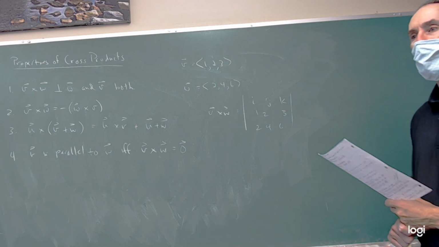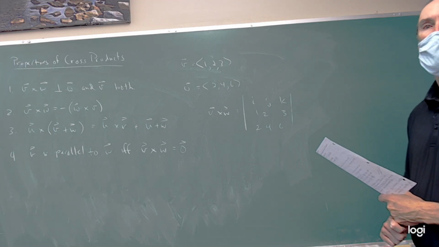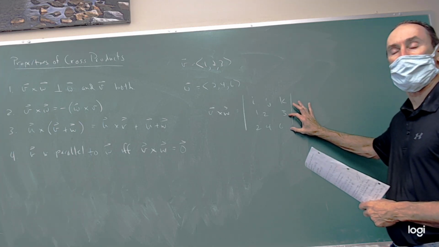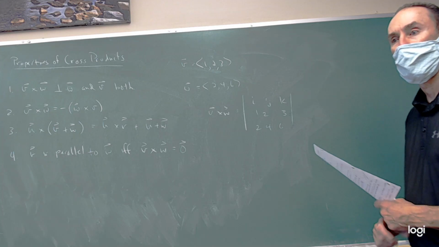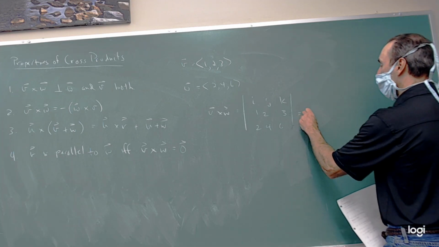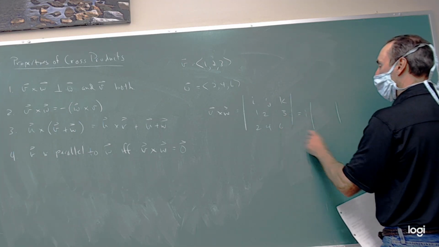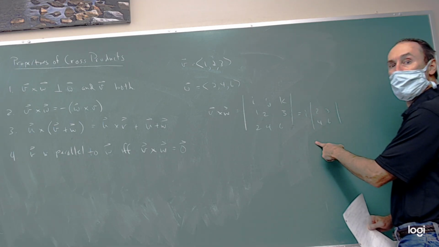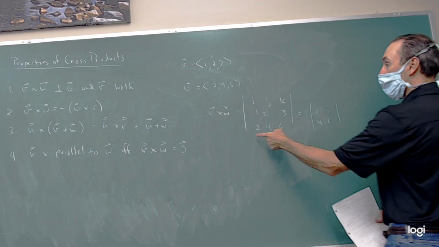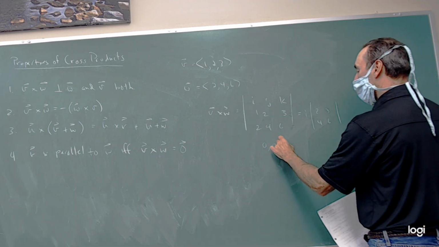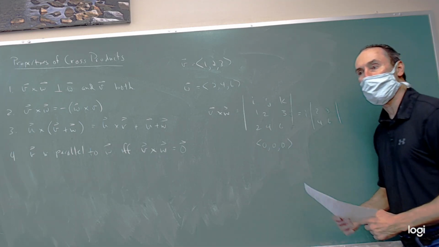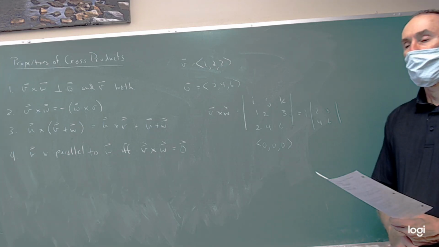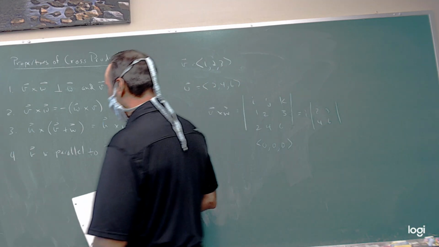This is more in the lines of matrix theory, that when you have two rows that are multiples of each other, the determinant's always going to be 0. So if you look at that, it won't take very long to see that you're going to get 2 times 6 minus 3 times 4. That's 12 minus 12 is 0. And likewise, this is going to end up being 0i plus 0j plus 0k. Okay? So that means they're parallel. Kind of interesting. Huh?